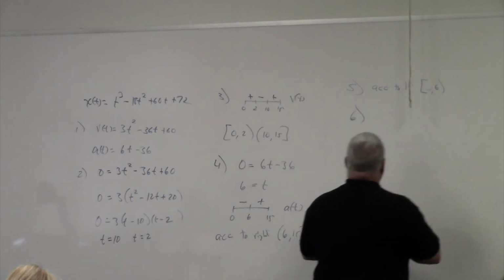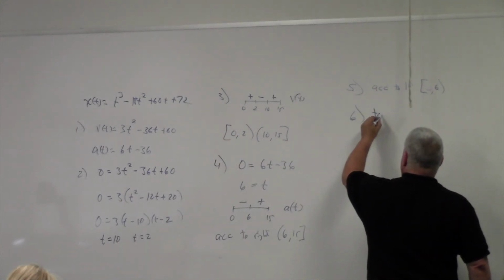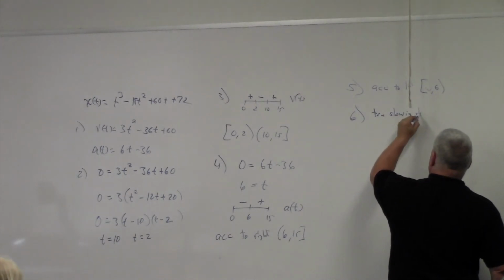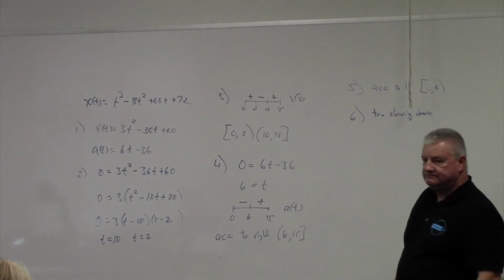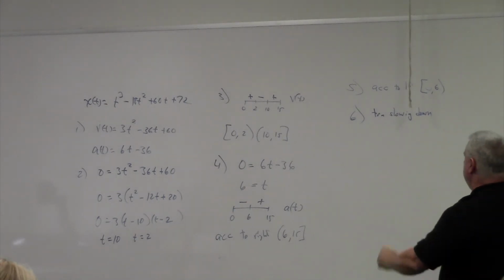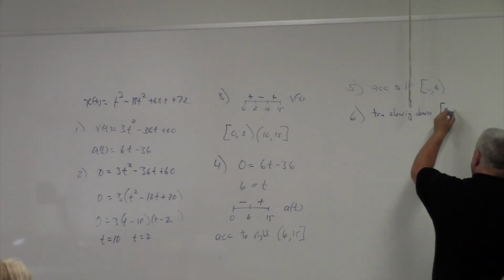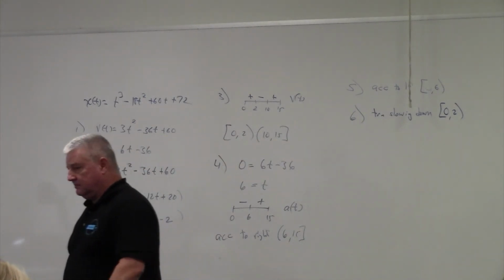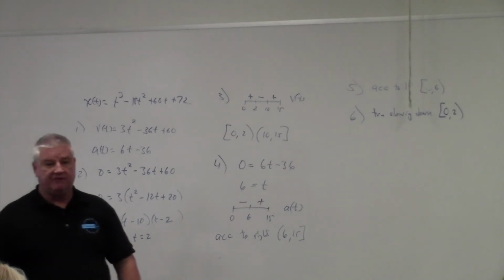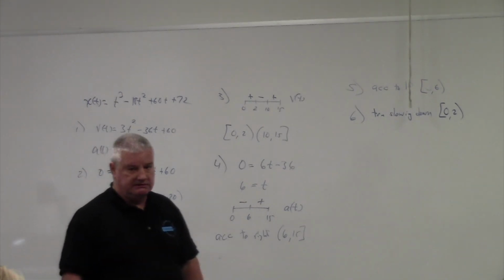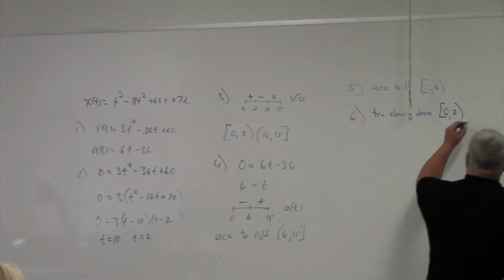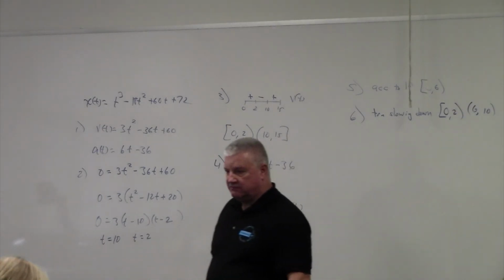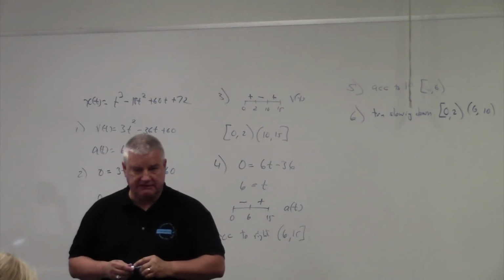All right, so slowing down from what to what? 0 to 2. Everybody agrees? Is that what you thought? And then from 6 to 10. Is everybody good with that? Please ask me.